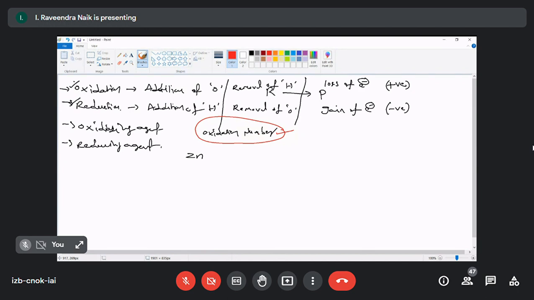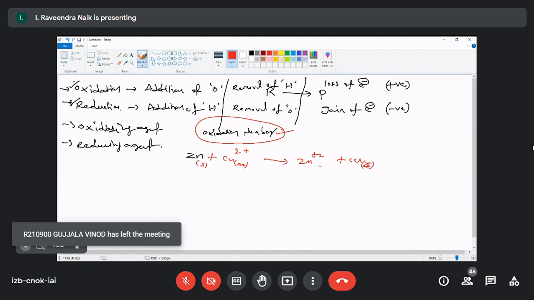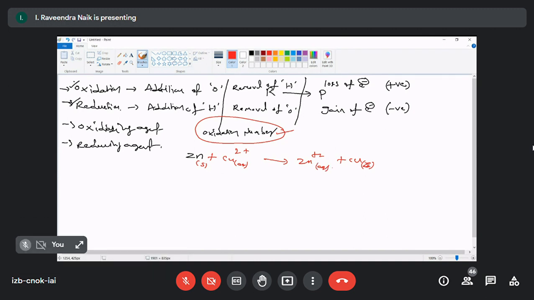Now, with the given equation, Zn plus Cu2+ gives rise to Zn2+ plus Cu. Zn is a solid, and Cu2+ is in an aqueous solution. In this condition, according to the oxidation number method, we identify which is oxidation and which is reduction.